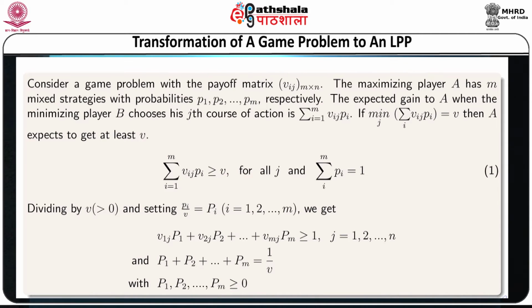So, we assume that V is greater than 0 and we set Pi by V equal to capital Pi. Then the above constraints can be written as V1j P1 plus V2j P2 plus dot dot dot plus Vmj Pm is greater than or equal to 1 for j equal to 1 up to n, and P1 plus P2 plus dot dot dot plus Pm equals 1 by V, where P1, P2, Pm are all non-negative.